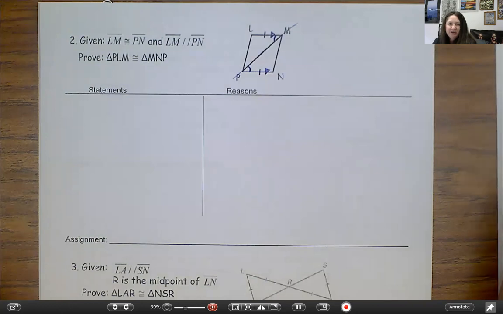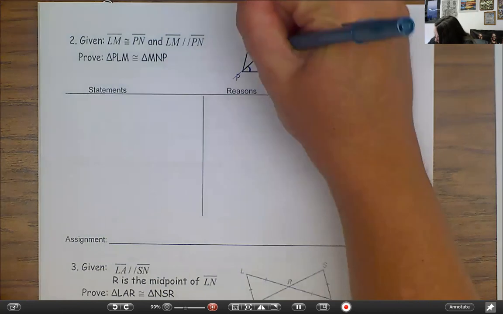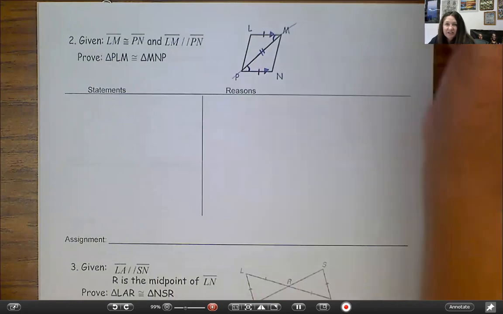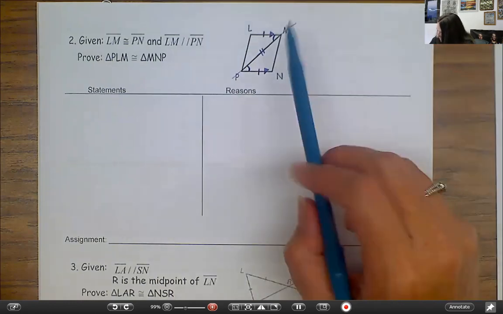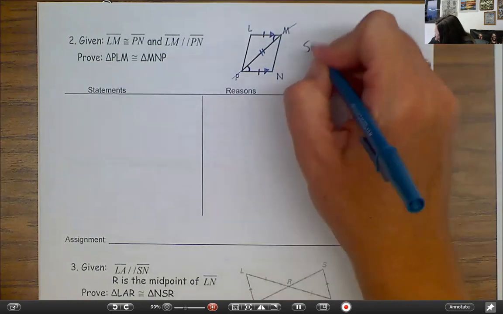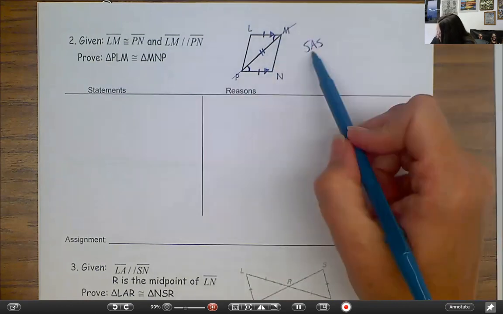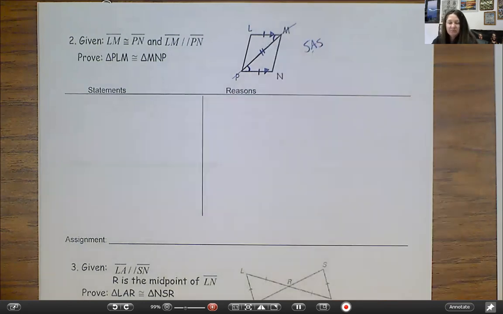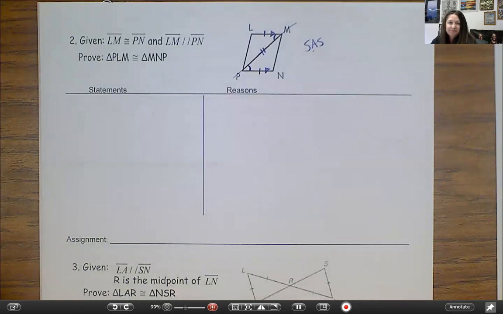So I'm going to go ahead and mark those there. And I also notice we have a shared side. So that will be another thing that I can mark on here. And then I should see that I have side, angle, side. And that's one of my cases. That angle is included. It's between those two sides. That's important that it's in that order.